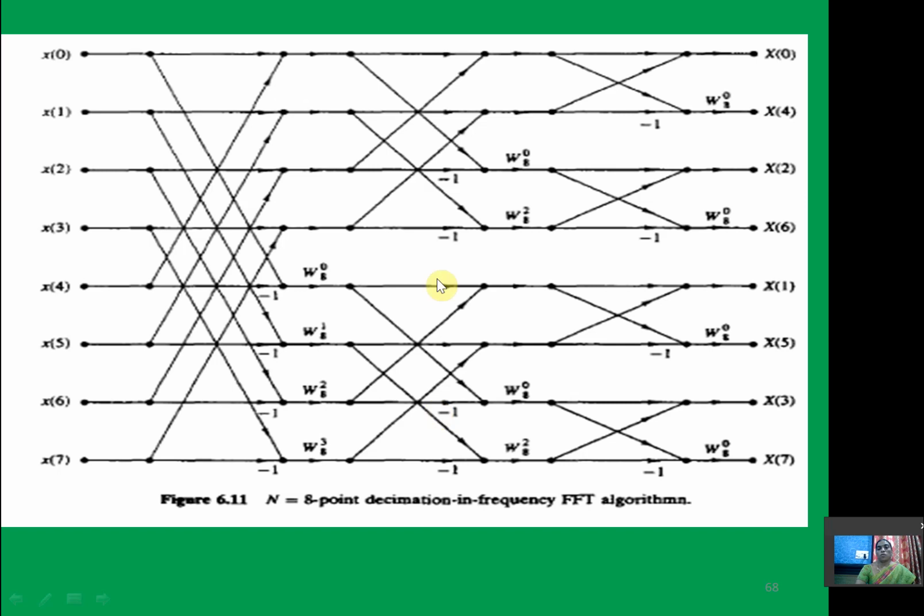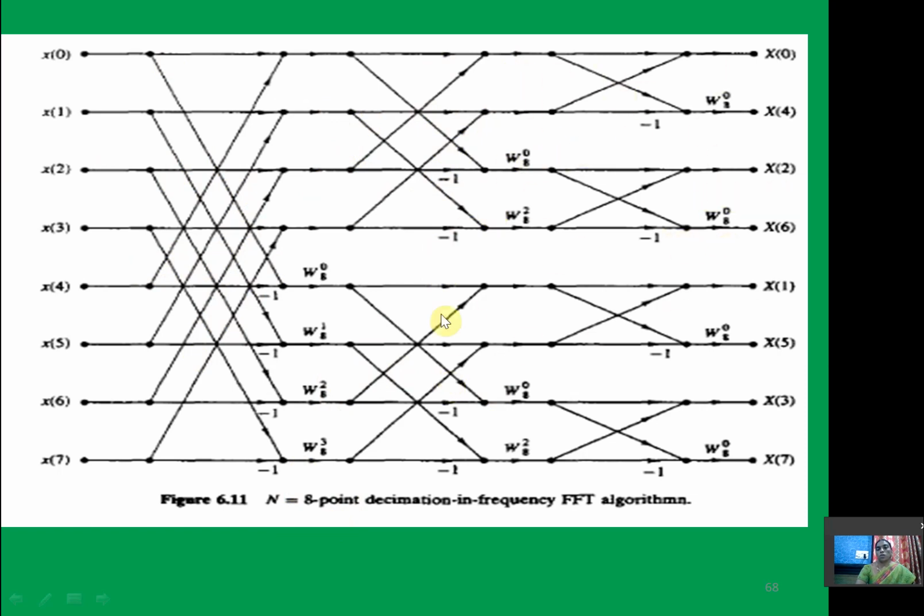you can get the signal flow graph like this. After completing the N by 2-point DFTs, do the N by 4-point DFTs, and then the N by 8-point DFTs. In this example N is equal to 8, so these are 4-point DFTs. By combining these, split each 4-point DFT into 2-point DFTs.